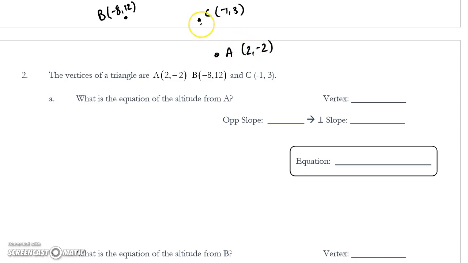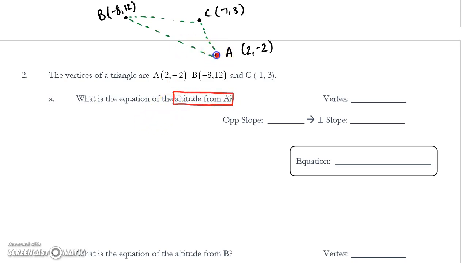Just like with the median, I'm not going to draw the full triangle. I'm going to draw a dashed line for my triangle because I'm just really not that interested in the triangle in whole. What I'm interested in is, in part A, what's the equation of the altitude from A?